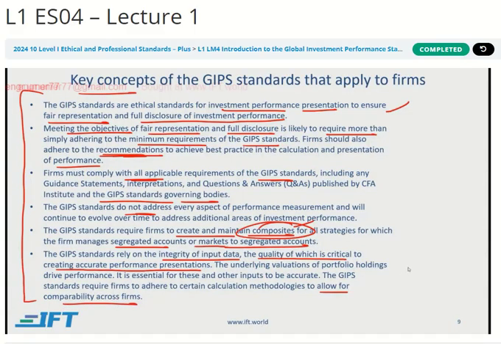So the key point here is that obviously to calculate performance returns, we need data, and then we need a certain methodology for calculation. The GIPS standards want firms to ensure that the quality of data is very good, so the data needs to be accurate, and then there needs to be consistency in the calculation methodologies so that the performance reports made by different investment firms are comparable.